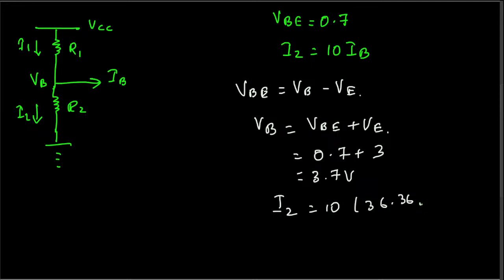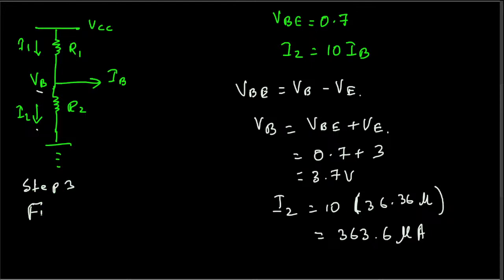If you multiply this by 10, this is 363.6 microampere. That is the I2 current. Okay, now we have the I2 current, we have the VB voltage. We are trying to find out R2 and R1. So let's say this is step 3. Find R1 and R2.